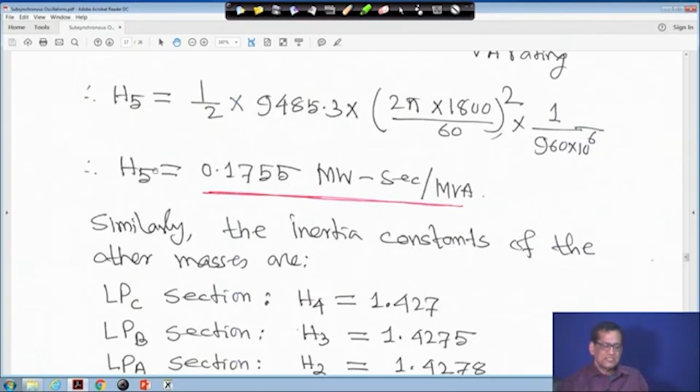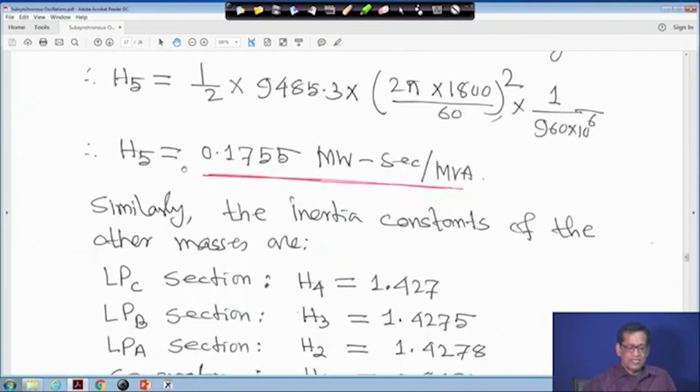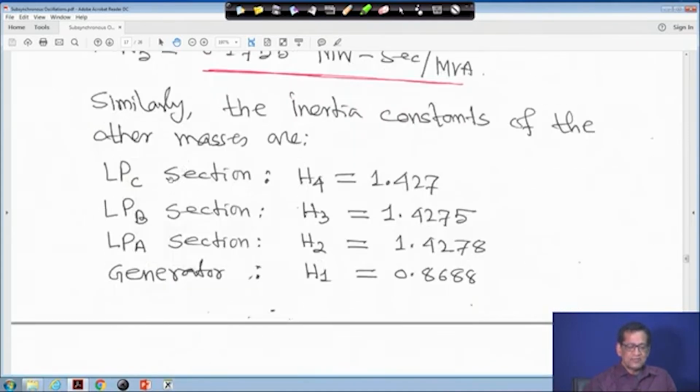So, this is the inertia for section 5, the high pressure turbine section. In a similar way you calculate the inertia for the other 4 masses, the LPC, LPB and LP as given in figure 1, and the generator. If you follow the same procedure, you will get these values.